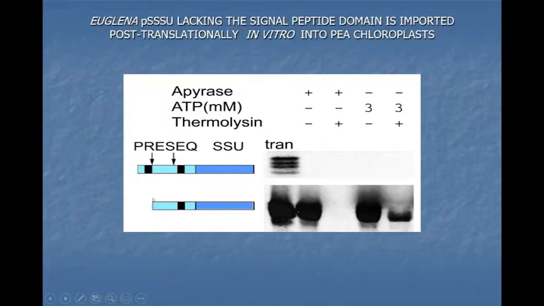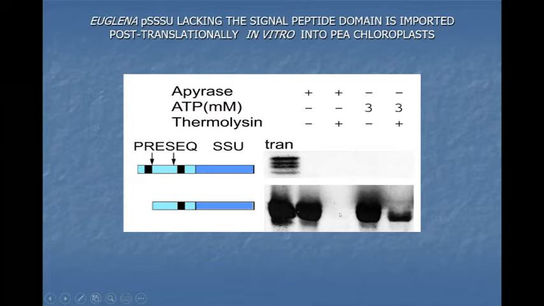If we now look at the universal functionality of the transit peptide, looking for in vitro incorporation into pea chloroplasts, what we find is that with the transit peptide, it will associate in the absence of ATP, by getting rid of the ATP, with the chloroplast pelleting through Percoll. However, it is fully thermolysin sensitive.